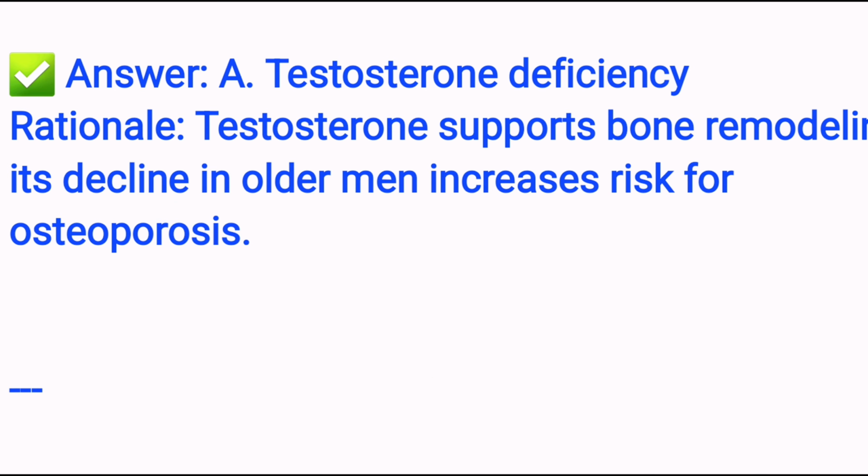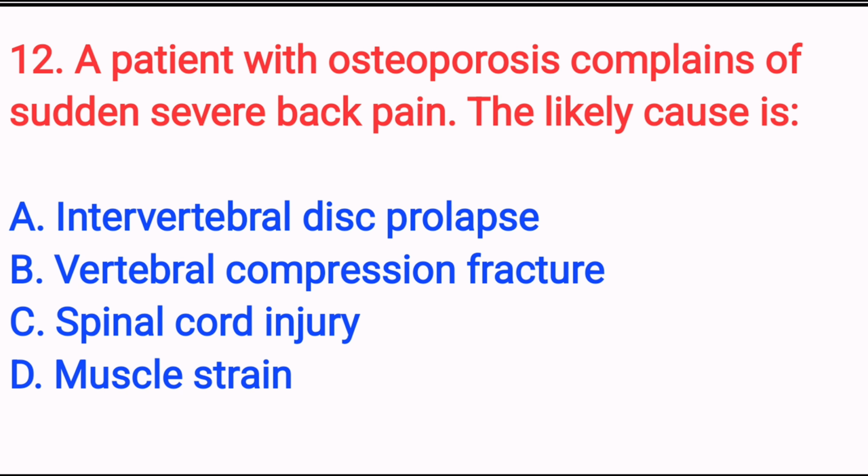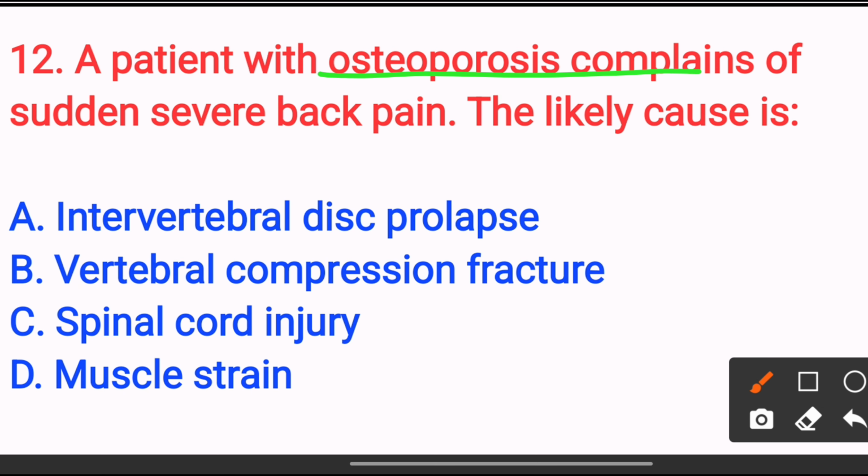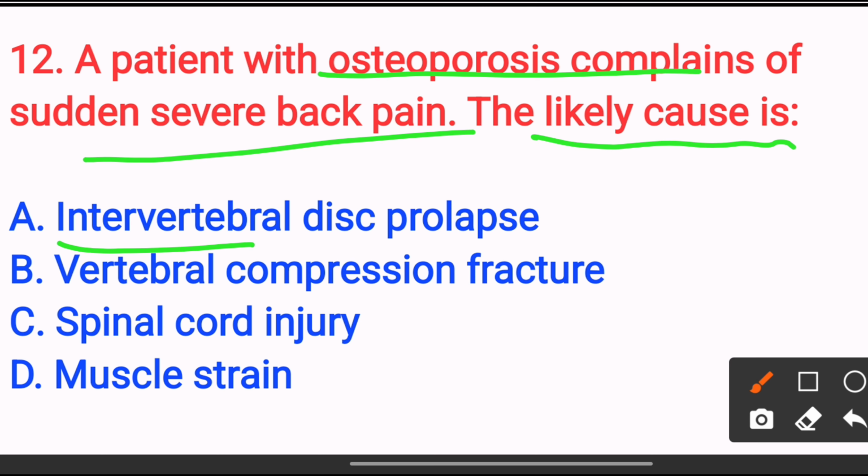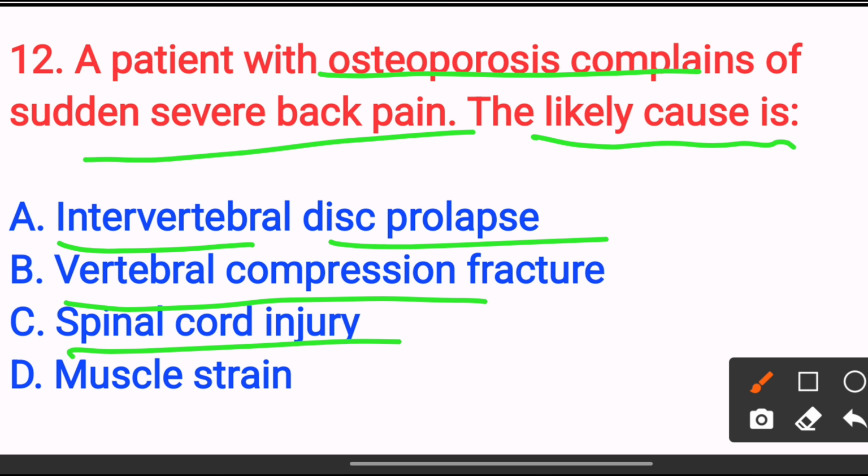Next, a patient with osteoporosis complains of sudden severe back pain. The likely cause is: option A, intervertebral disc prolapse; option B, vertebral compression fracture; option C, spinal cord injury; option D, muscle strain.